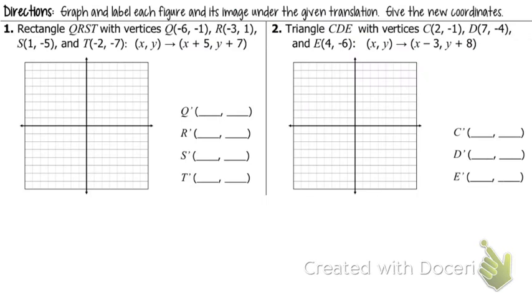So we're going to practice. We're going to graph this rectangle QRST. So go ahead and plot the rectangle QRST. Q would be at -6, -1.